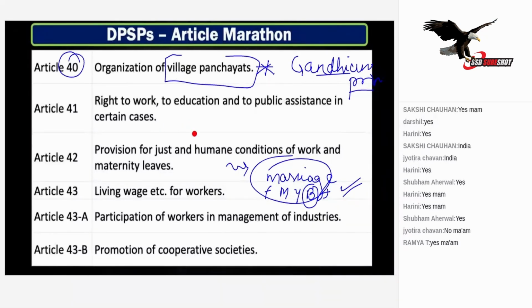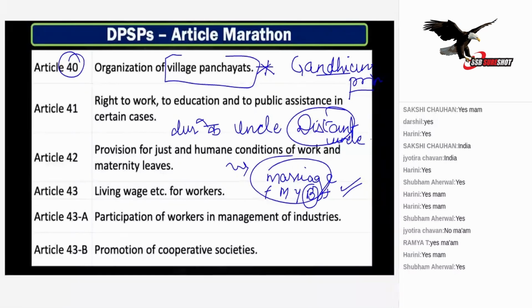Do you all understand distant uncle? Yes or no? Yes. So will the marriage be that feasible to conduct now?